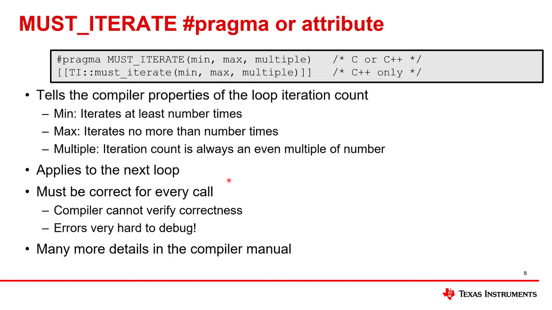Go for what is a number that is correct for every call, that really describes what's happening in your specific case. Now, the description of the must iterate pragma or attribute that I'm giving here is incomplete. There's a lot more to it that is covered in the compiler manual, so I can't encourage you enough to please go search for must iterate in the compiler manual and read about it there.